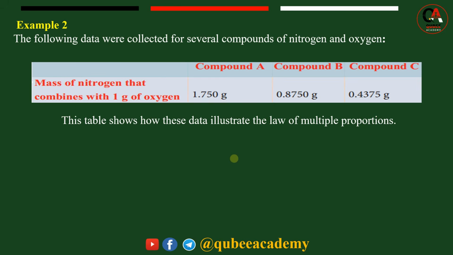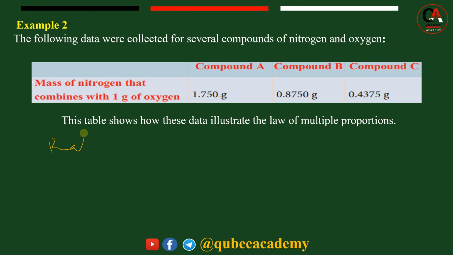For example, if you see the first compound, this amount of nitrogen reacts with 1 gram of oxygen, and to produce another compound, a different amount of nitrogen reacts with 1 gram of oxygen again. From this we understand that two different atoms can combine in different ratios to produce different compounds.